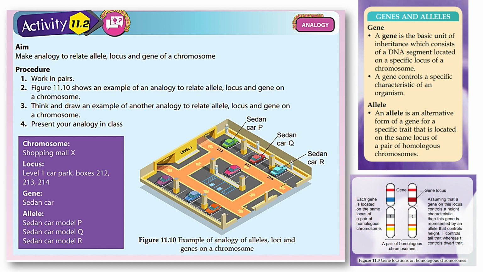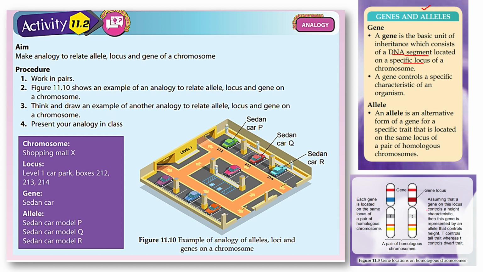Okay, moving on. This is to recap the definitions of the terms which we have discussed earlier. What is a gene? The basic unit of inheritance consisting of a DNA segment located on a specific locus of a chromosome, and that gene controls a specific characteristic of organisms.